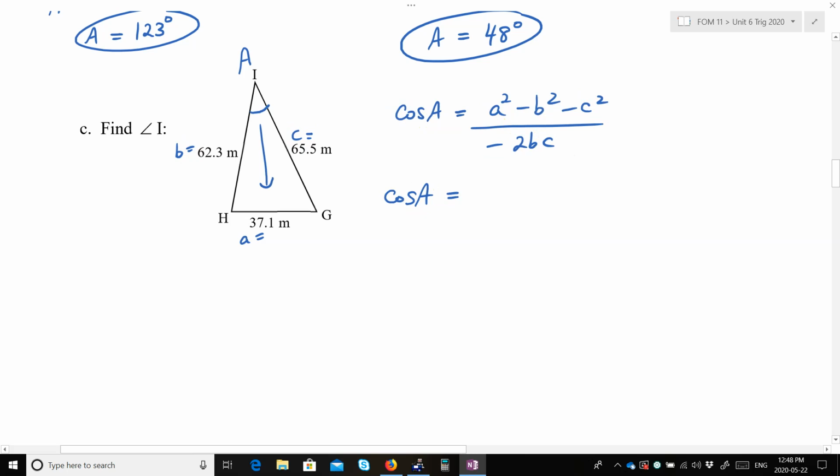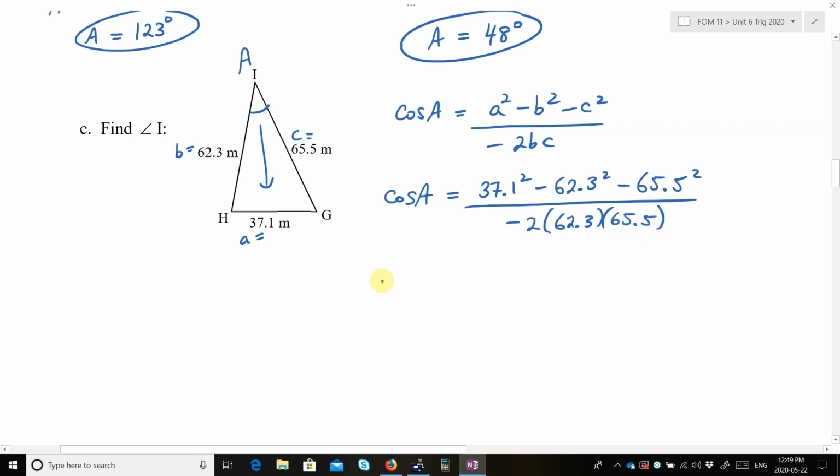So our cos A is going to be 37.1 squared minus 62.3 squared minus 65.5 squared divided by negative 2 times 62.3 times 65.5.